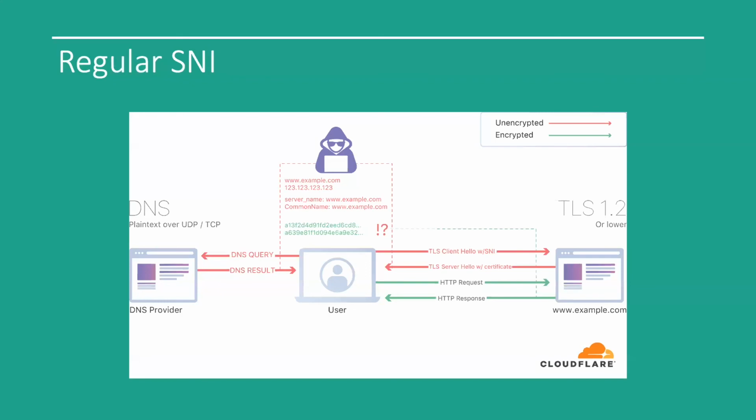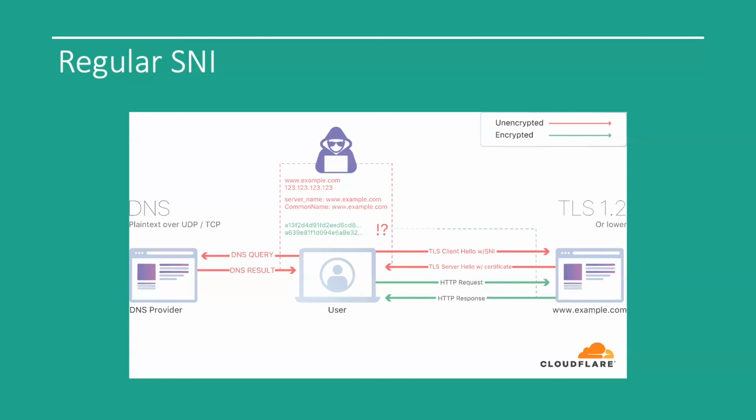That very first handshake, also known as the client hello query and the server hello response, is unencrypted. Included in there is the server name you're trying to connect to and the common name for the certificate itself, which also includes whatever host you're trying to connect to. That defeats a lot of the purpose of DNS over HTTPS and DNS over TLS, because with those two protocols you're trying to encrypt the fact that you're connecting to a given host name.